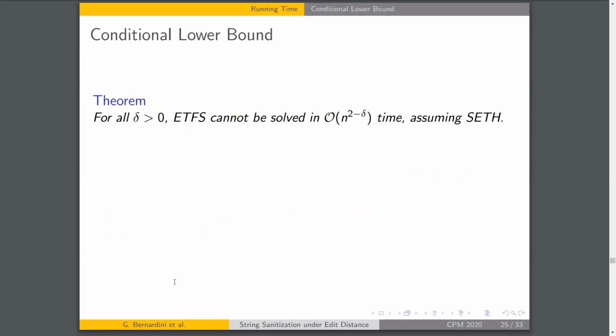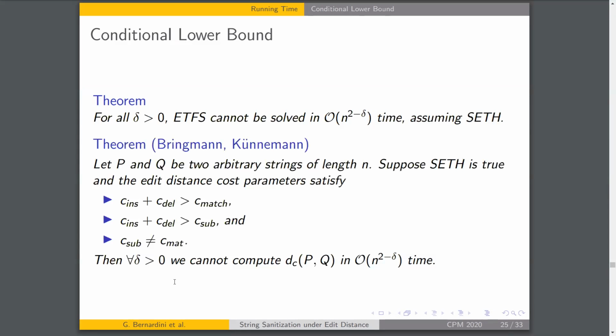Then the conditional lower bound. We prove that ETFS cannot be computed in strongly subquadratic time, assuming the strongly exponential time hypothesis. The main theorem we use to prove this is the theorem by Brinkmann and Kuhnemann.